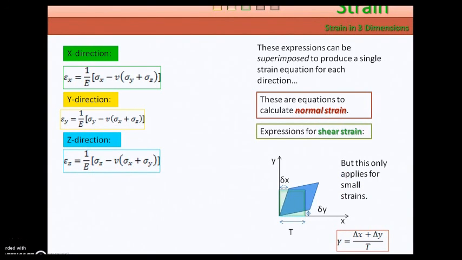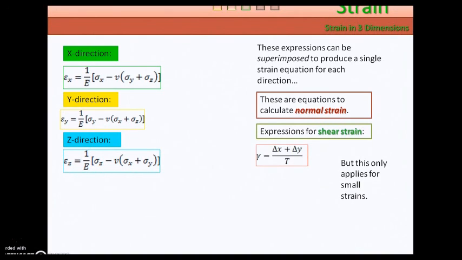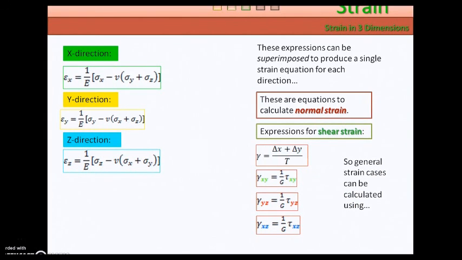However, this equation only holds true for strains that are very small. So for general cases, the following equations would be more appropriate.